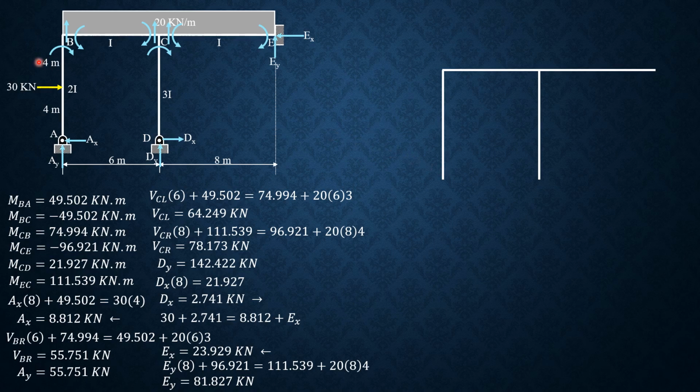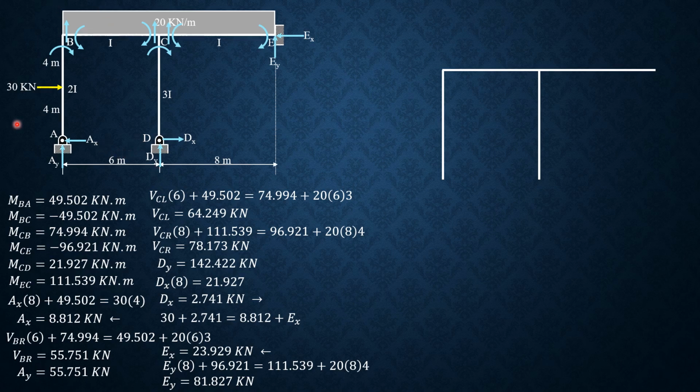So beginning here, our top fibers will be the left side this time because of this loading here. So we are given the idea that the left fibers would be the top fibers, and of course, for the upper beam, the top fiber is the top.